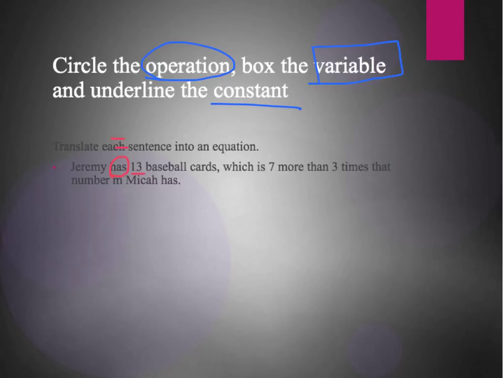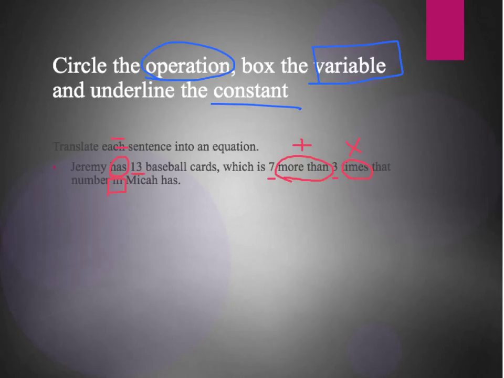Baseball cards, which is 7, there's another constant. More than, I'm going to circle, more than means I'm going to add. 3, another constant. Times, circle it, means I'm going to multiply that number, m. Oh, there's my variable, I'm going to box m in.